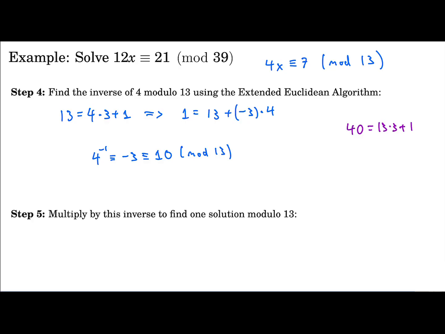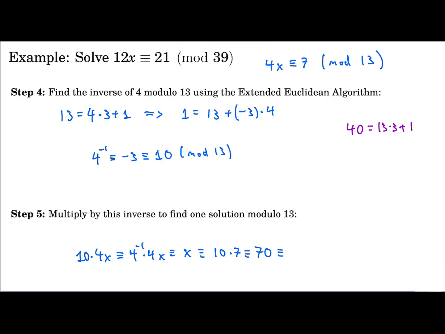So think of it like this. 10 times 4x is going to be congruent to 4 to the minus 1 times 4, let's write it like this, x congruent to x. And this part here, 10 times 4x, is just going to be 10 times this, congruent to 10 times 7. So this will be 70. And 70 mod 13.